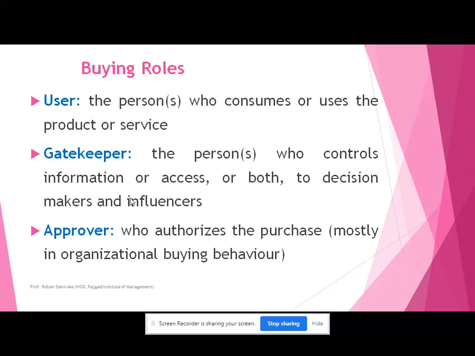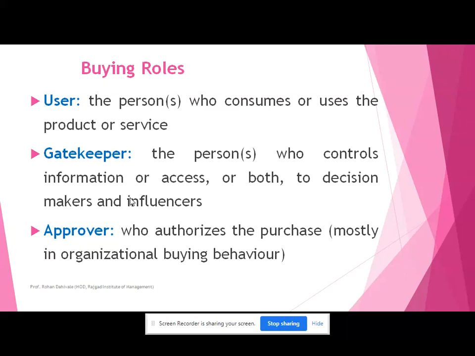Approvers are mostly found in organizational buying behavior and do not have any significant role in consumer buying behavior. So who is the approver? The one who authorizes the purchases is known as the approver. The term is also used to indicate individuals who control the decision making process.